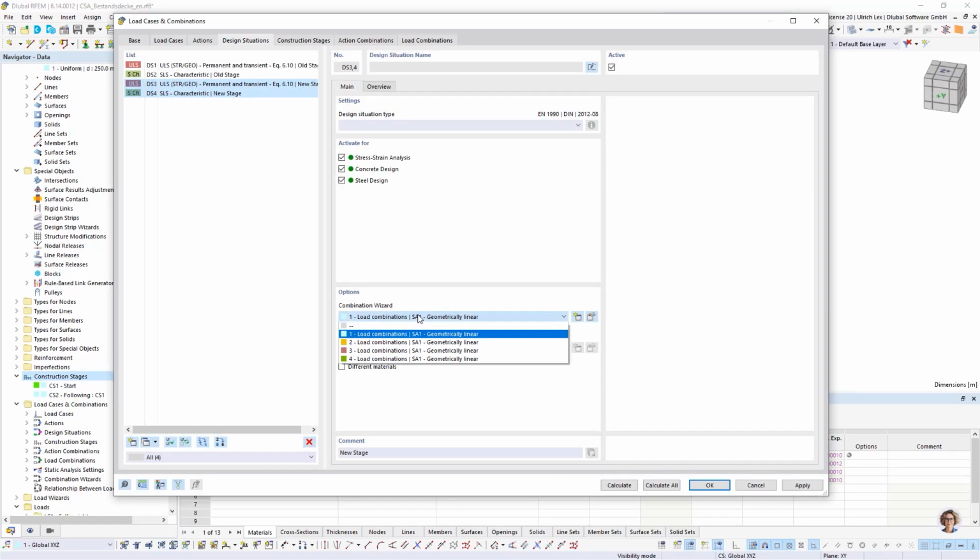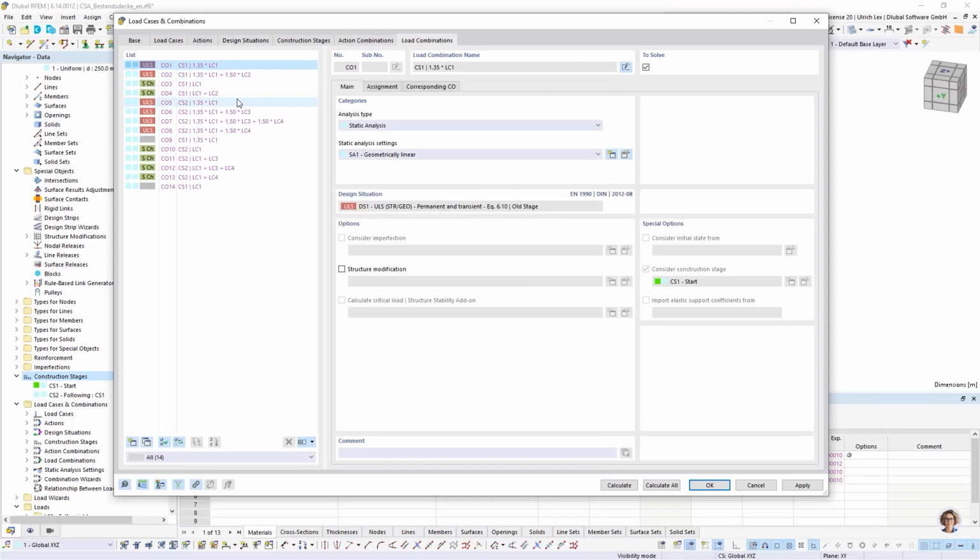Continue with OK. Assign this wizard to design situations 3 and 4. And then we see that additional combinations are created. What we had before for stage 1 is now acting for stage 2, and we see here only load cases 1, 3 and 4 are acting. So this is the way you can create different combinations for the different stages.